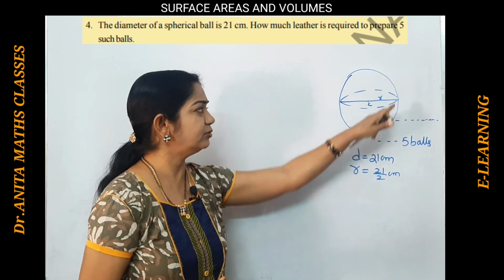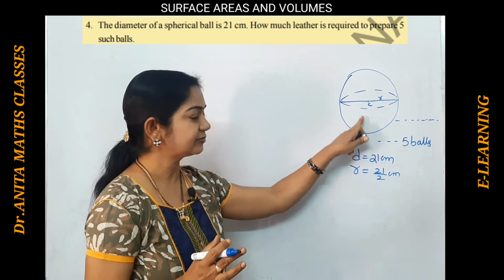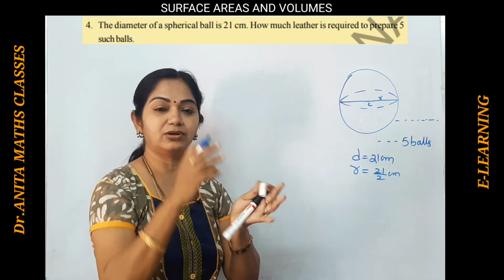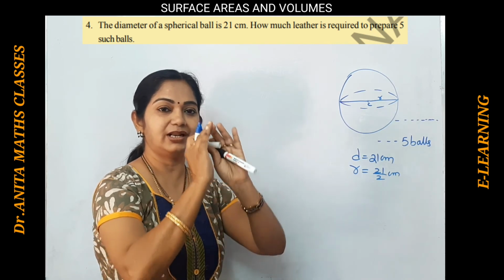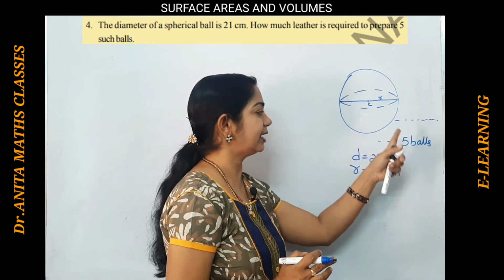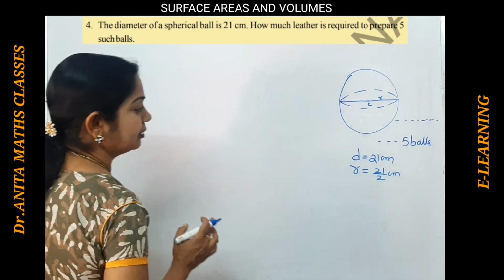Here we don't have to find the volume, because leather to prepare a ball means the outward part, not the inside. So we have to find the surface area of one ball first, then multiply it by 5 balls. We get the total leather required for making 5 leather balls.